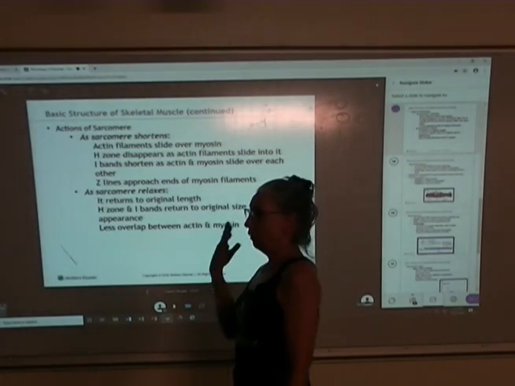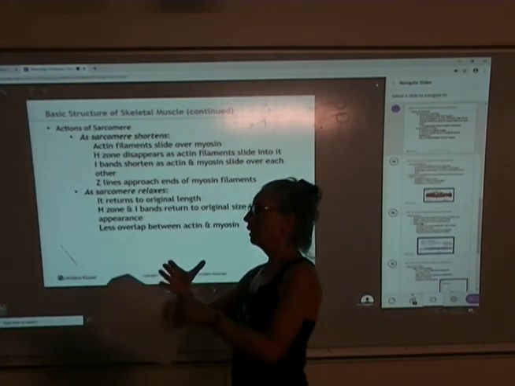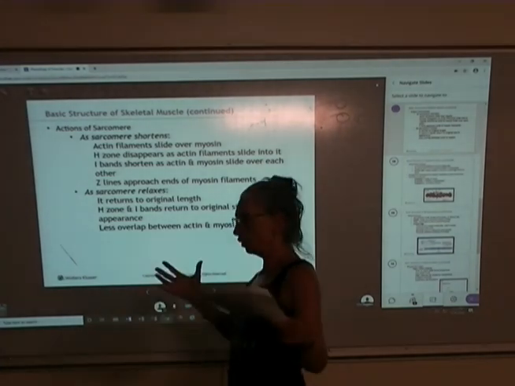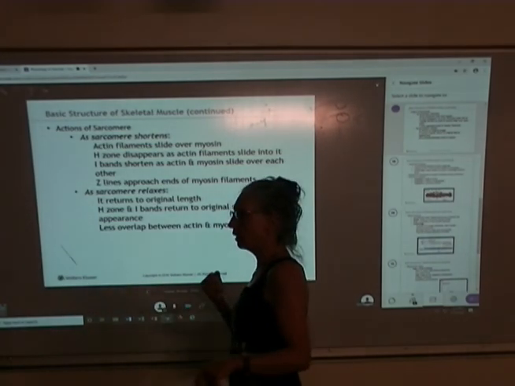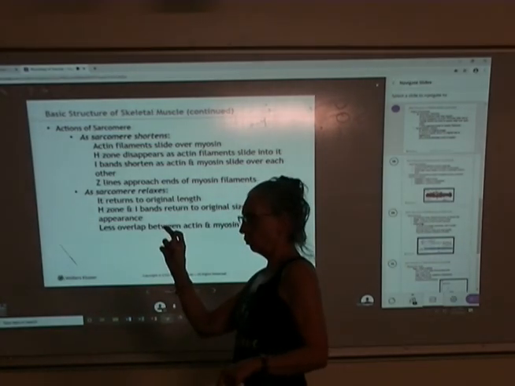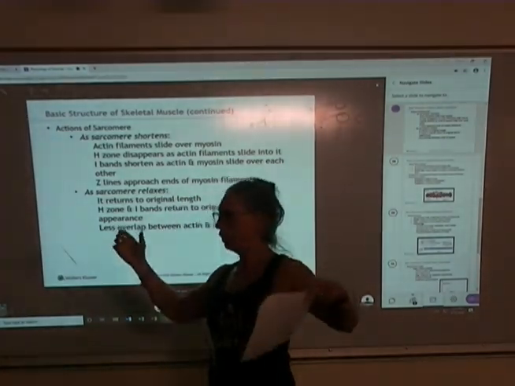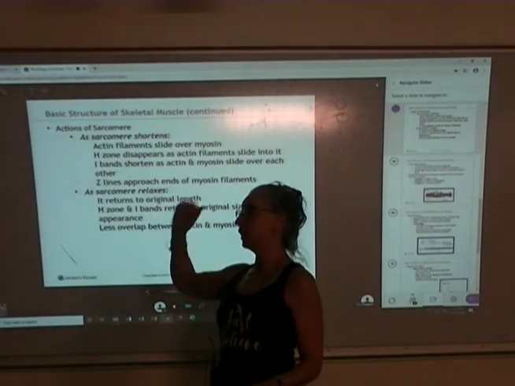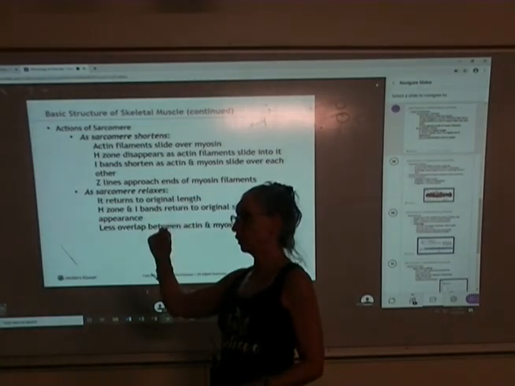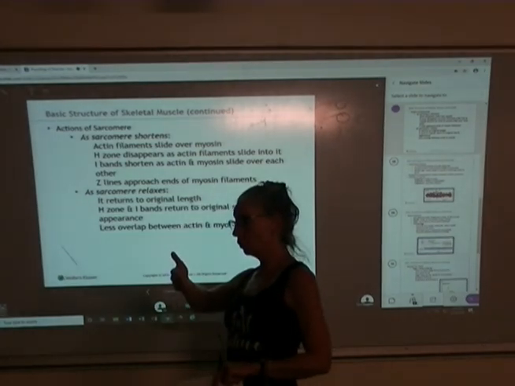When the sarcomere relaxes, we don't uncontract the muscle, right? The muscle can only contract and shorten. There's no way of it contracting and lengthening, right? So what happens is the signal from the central nervous system that's telling the muscle to contract stops.